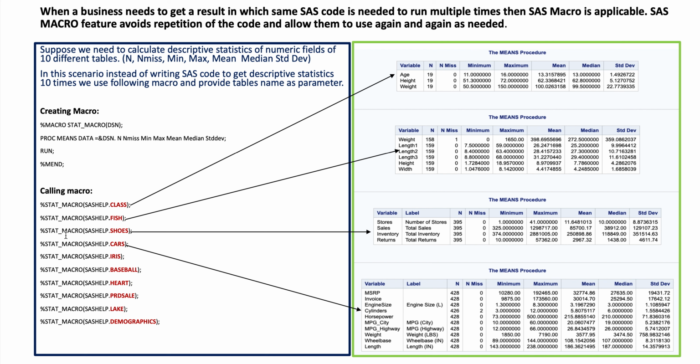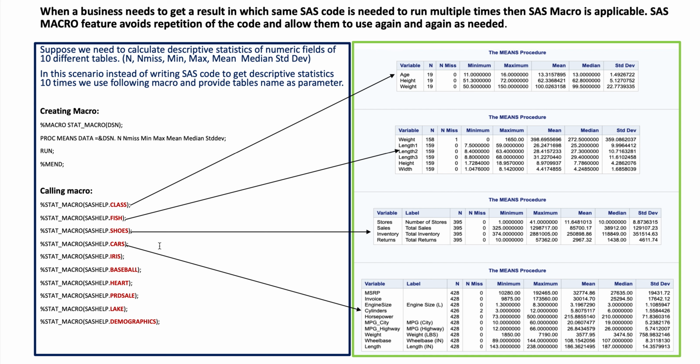When we run the calling macro, we will get 10 different result sets. Four result sets are shown on the right side. That means results from class, fish, shoes, and cars.